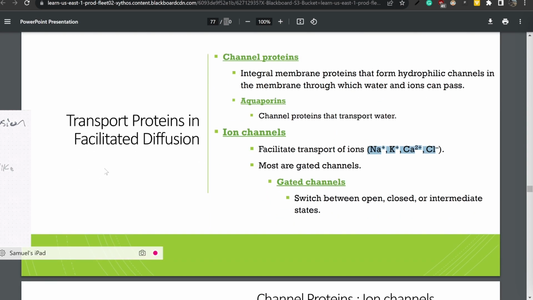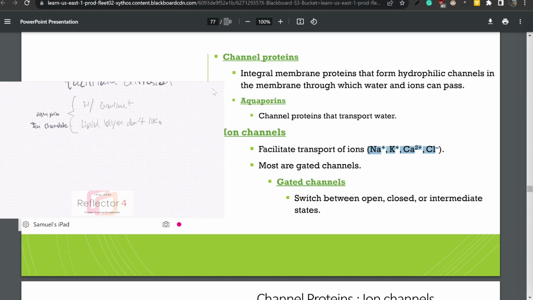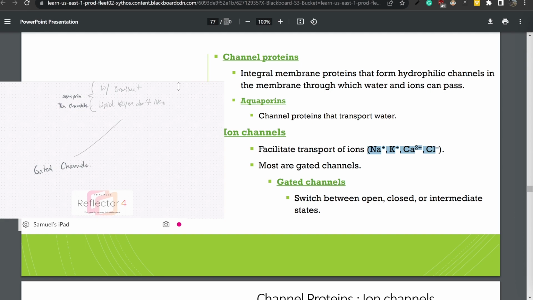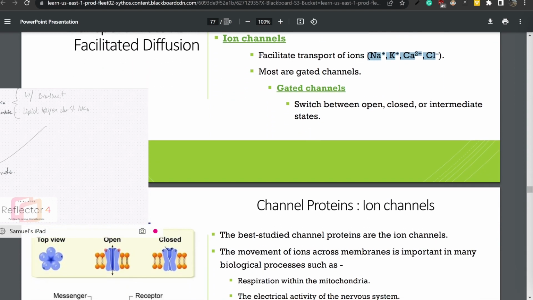Now this is a different type of facilitated diffusion, so I'm going to make another branch from here, and we call it ion gated channels.